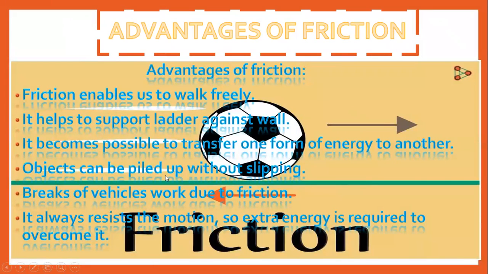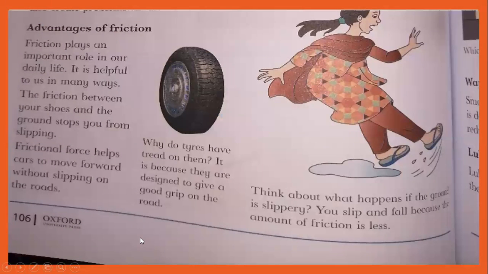Objects can be piled up without slipping. You see, we can make a pile of books, and in a general store there are piles of many other things. Brakes of vehicles work due to friction. Friction always resists motion, so extra energy is required to overcome it.